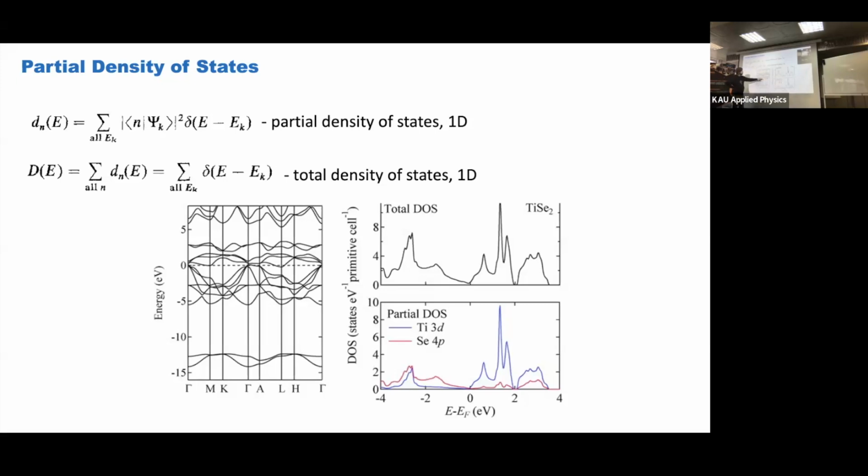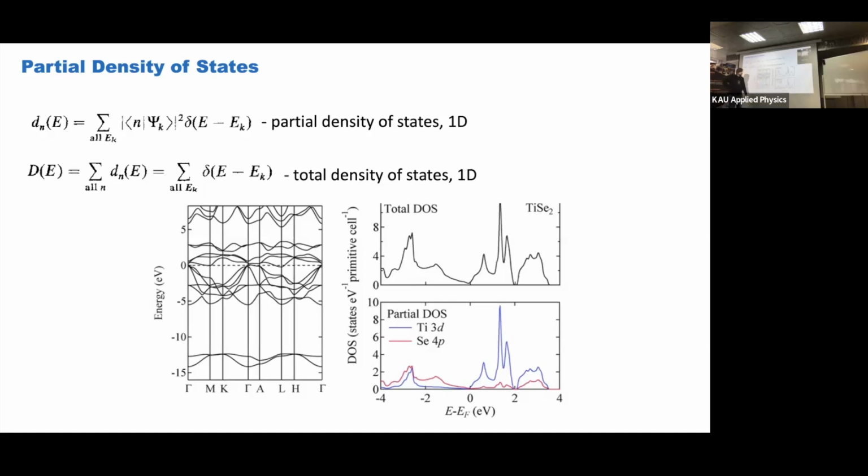These bands are titanium 3D bands, and this is selenium plus titanium. We can say what orbitals play a role in conductivity, what orbitals play a role in this valence zone, so from what orbitals our electrons go.